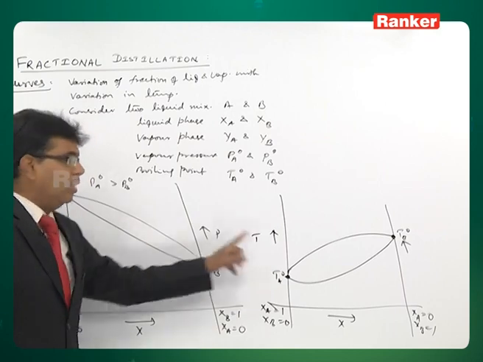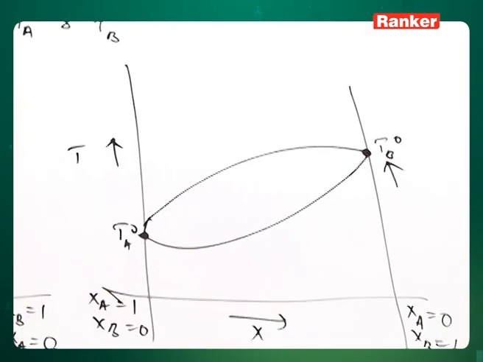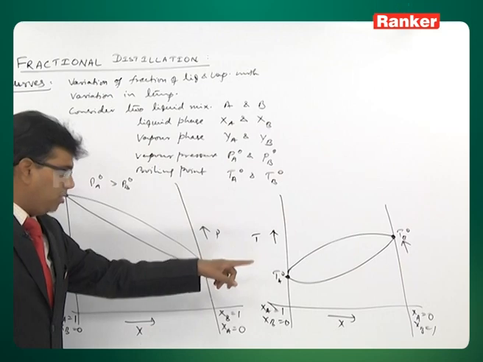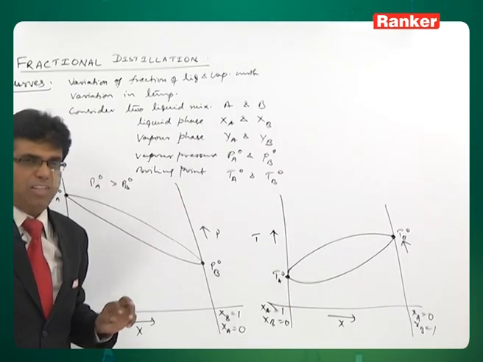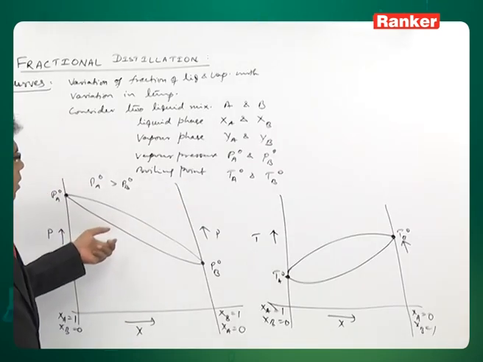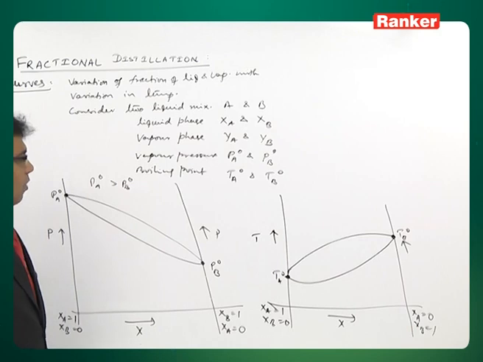Now, again in both the graphs, you will get two different types of curves. As I told, one curve is for the liquid phase and one curve is for the vapor phase. Then how do we know which is the vapor phase and which is the liquid phase?